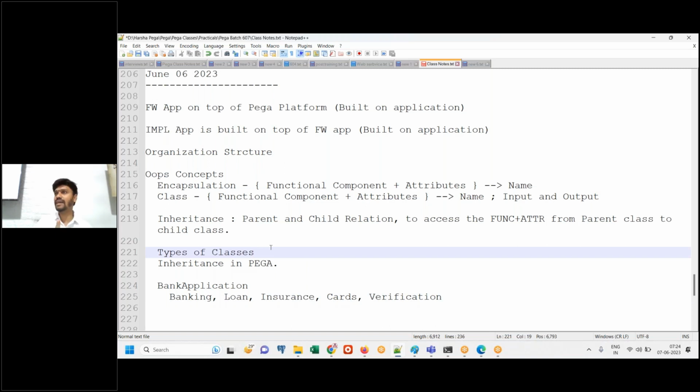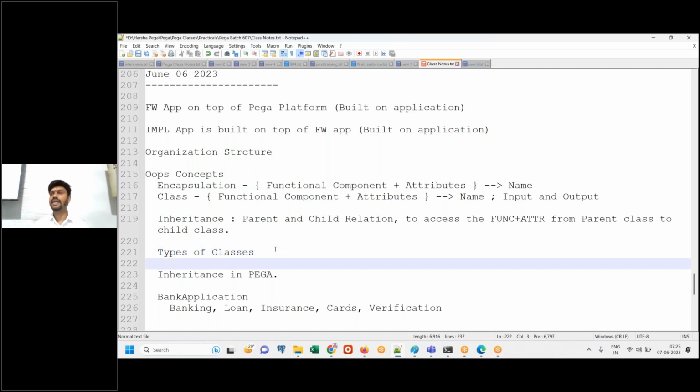Now we will go to types of classes. While discussing types of classes, again we need to understand inheritance. Types of classes we do not discuss standalone. When you discuss types of classes, we need to compare these class types with the inheritance concept as well as the other one. What is that? Organization structure. I'll talk about it. Okay, next topic is types of classes.